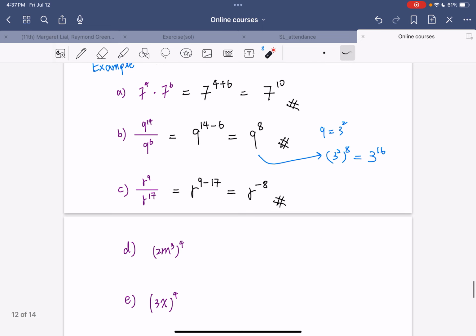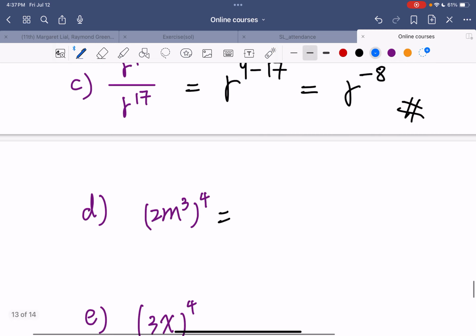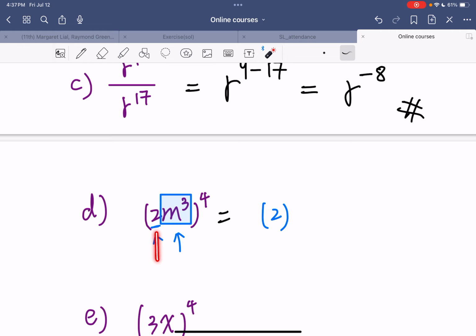Okay, so let's start with property 4, because we have to remove the bracket. So first we have to know that 2 is an element, and the other element here is n with power of 3. Then we got 2, and remember each element inside the bracket will get the exponent outside the bracket.